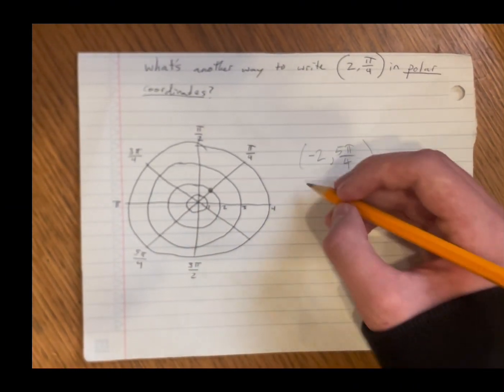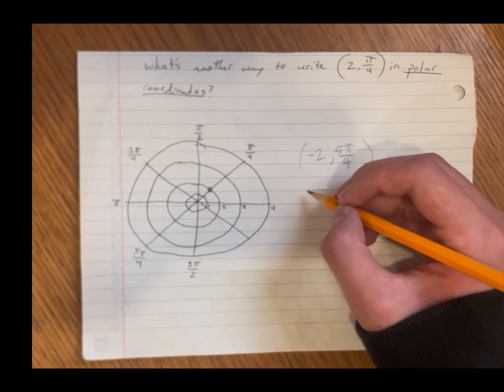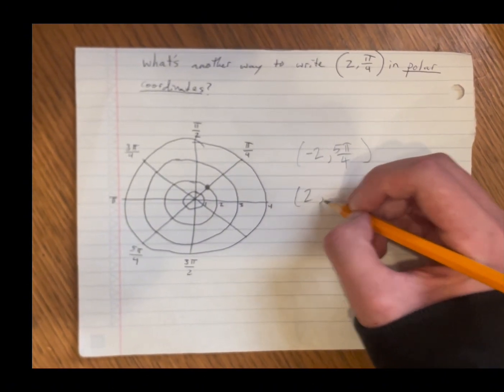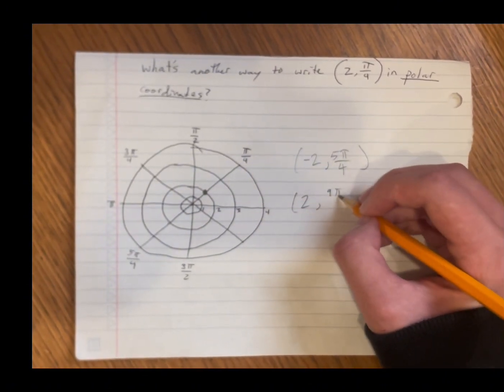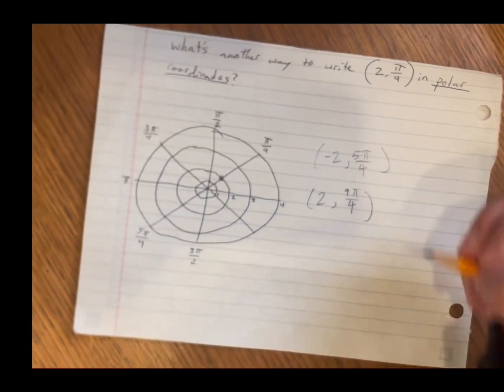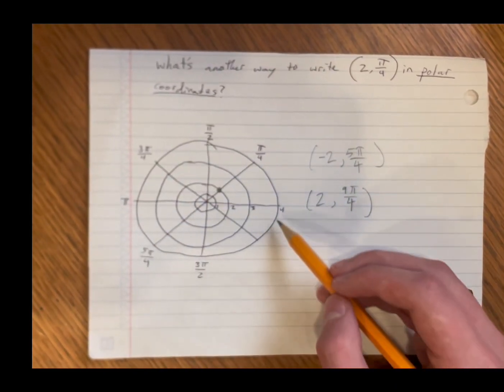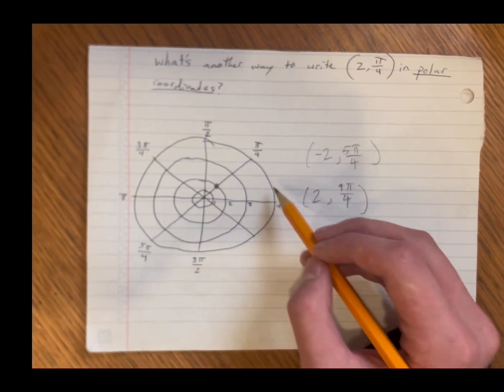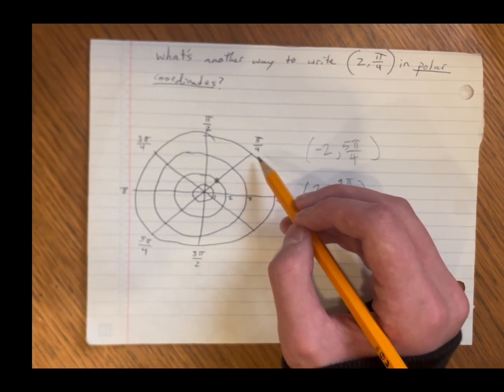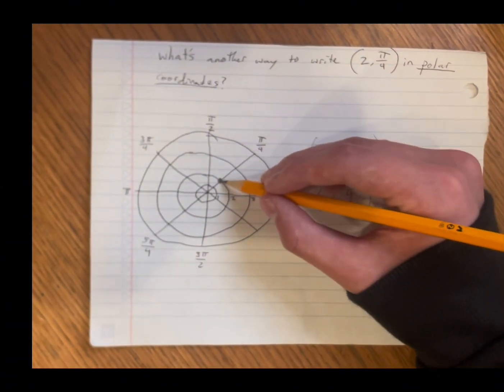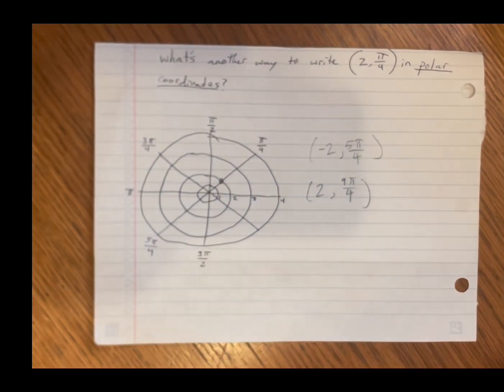And then another way we could write it is 9 pi over 4, because we go around by 8 pi over 4 and then another pi over 4, and then it's the same point by 2.